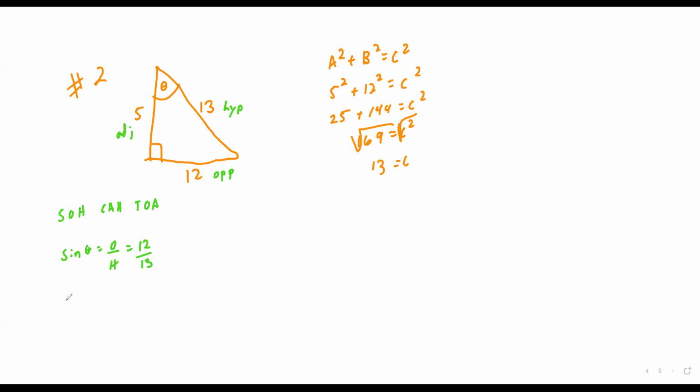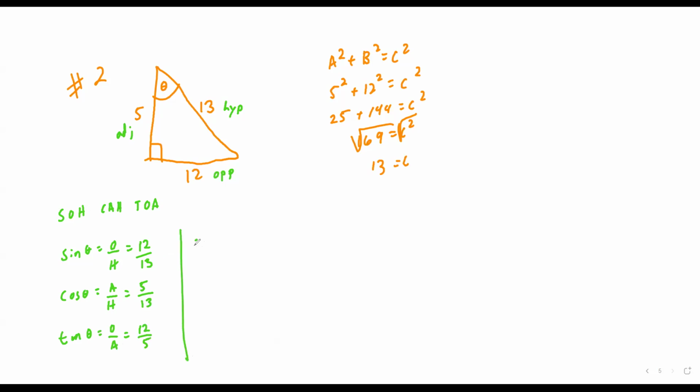Simplify if you can, but I can't. And then cosine of theta is adjacent over hypotenuse, which in this case would be 5 over 13. Can't simplify. Tangent of theta is equal to the opposite over the adjacent, which in this case would be 12 over 5. And again, can't do anything with it.